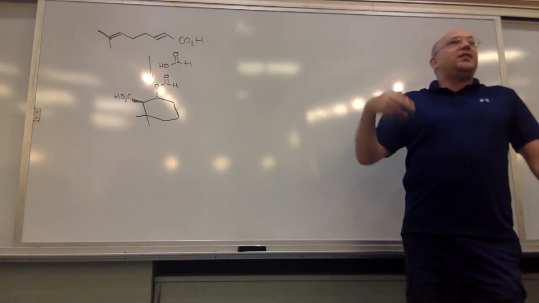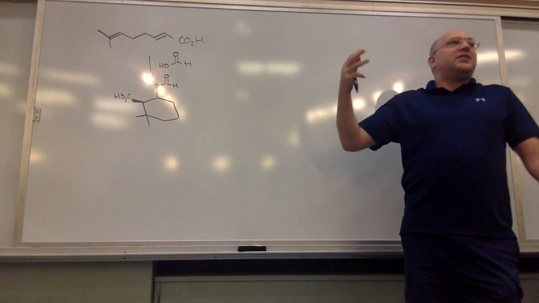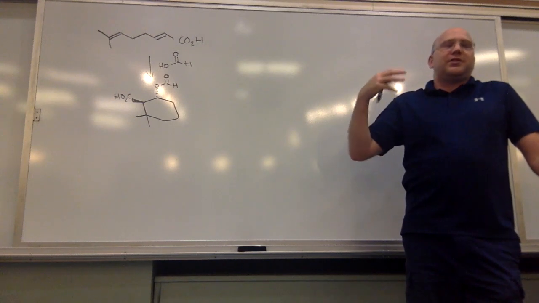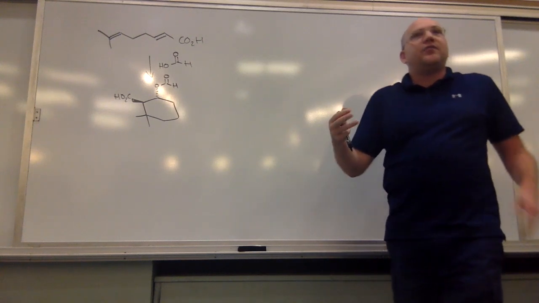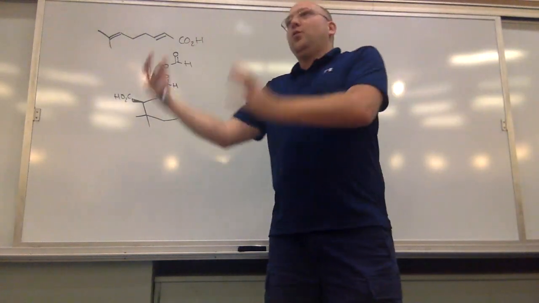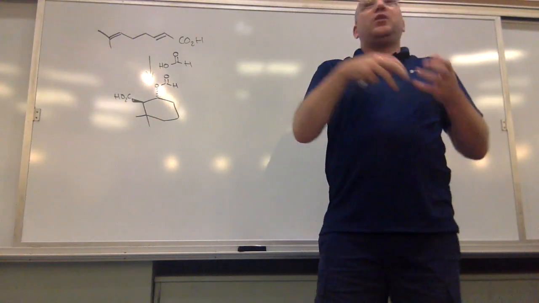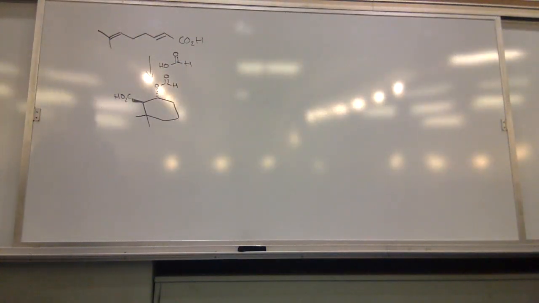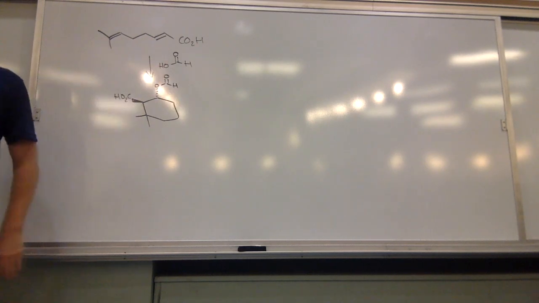Alkenes, Zaitsev's, or excuse me, not Zaitsev's, but Markovnikov addition is based upon the idea that when you protonate an alkene, or when you react something electrophilically with an alkene, the carbocation character is ultimately going to be at the more substituted carbon. There's another aspect, though, about this.